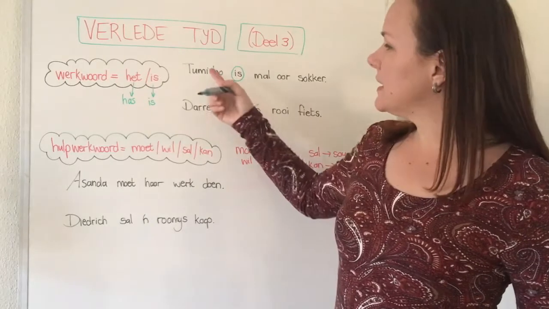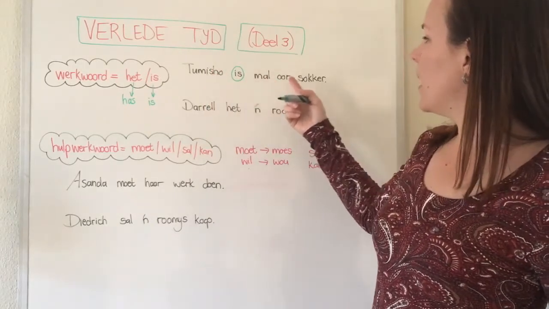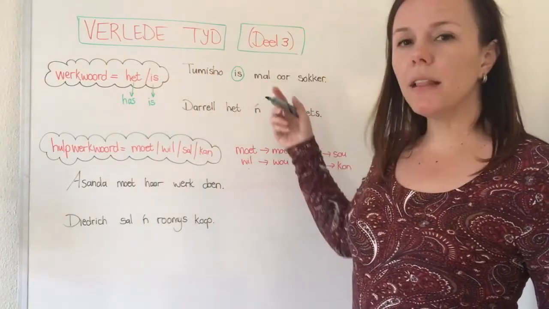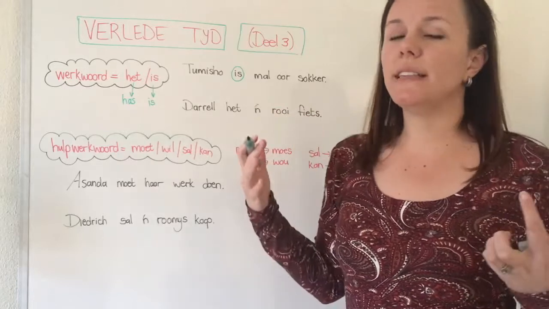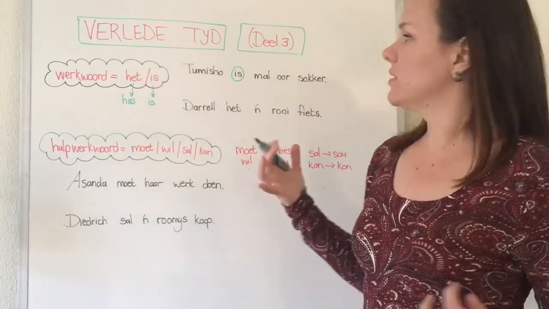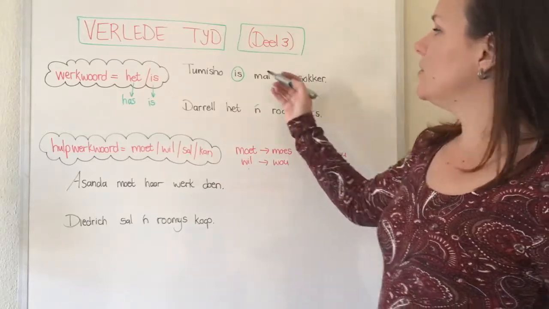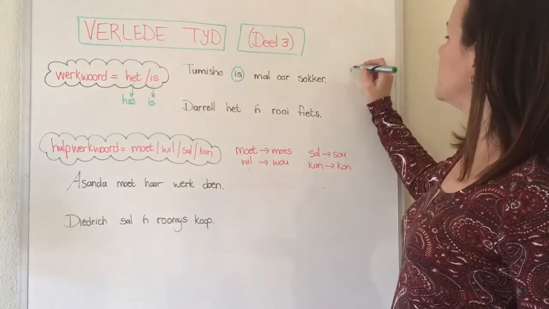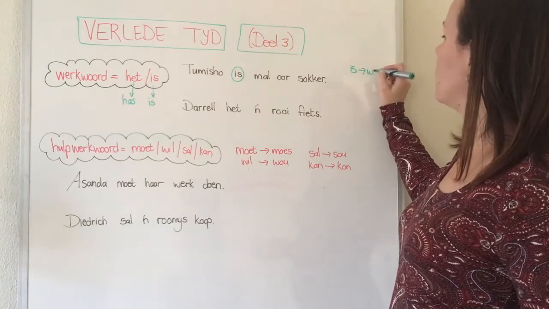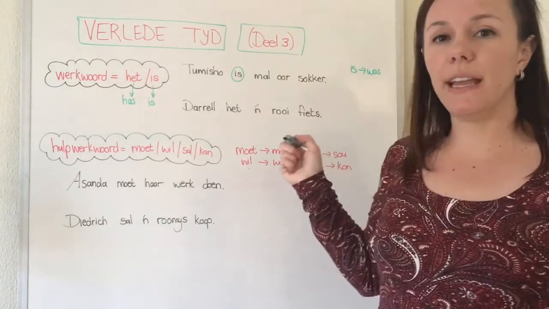So if we look at this example, Tumisho is mal oor sokker. Mal means crazy, like he's crazy over soccer. He loves it a lot. So Tumisho is crazy about soccer. You're just going to change is to was, the same way you do in English.